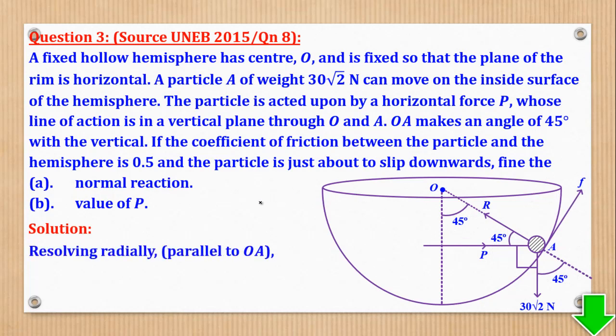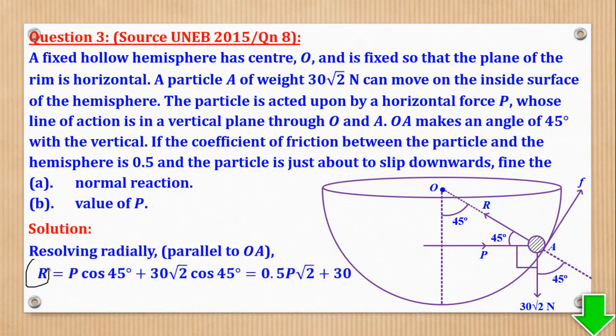So resolving radially or parallel to OA, we shall come up with R being equal to this. Now here, it is different from the ones we have been doing because the ones I've been doing there has been motion, but now here it is in equilibrium, meaning that forces this side are equal to forces this side.